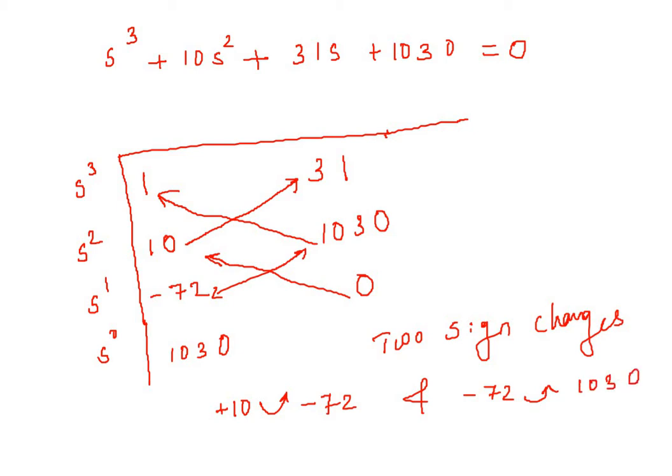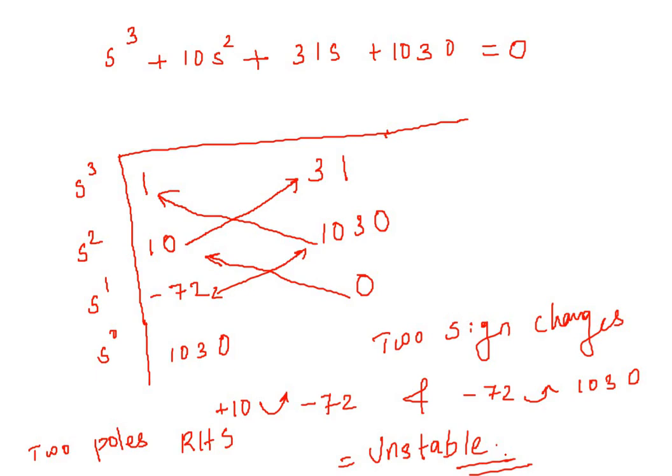Since there are 2 sign changes, it means that 2 poles are lying in the RHS of the S plane, and the system is unstable.